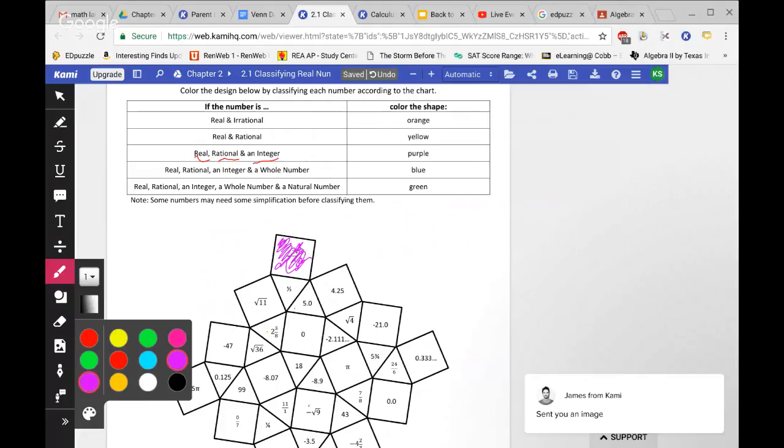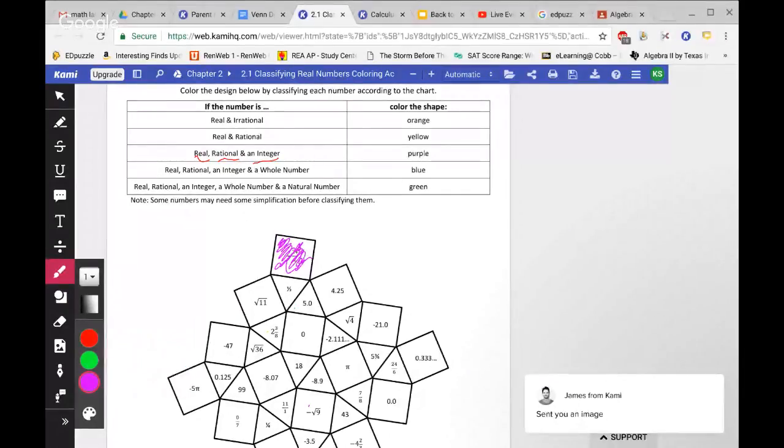Every rational number, so every integer, every whole number, every natural number can be expressed as a fraction. But what we want to do on each one of these boxes is ensure that you have it in its fully reduced form and then classify it.